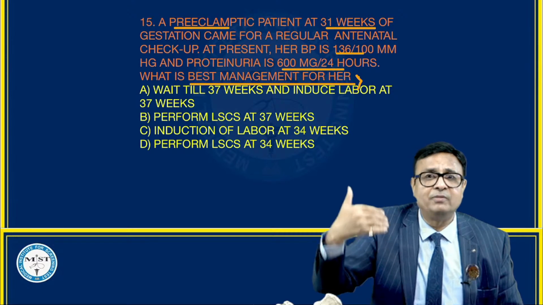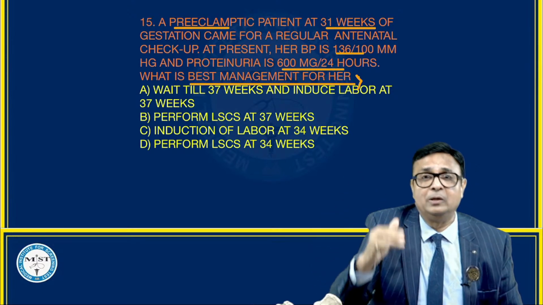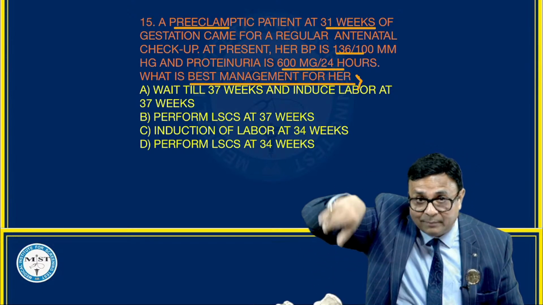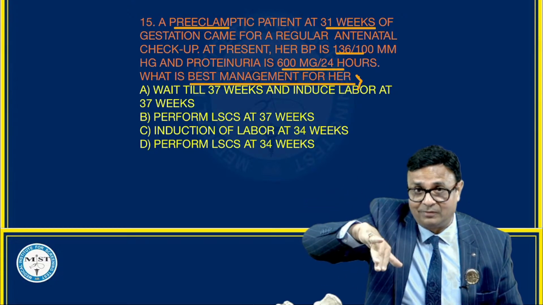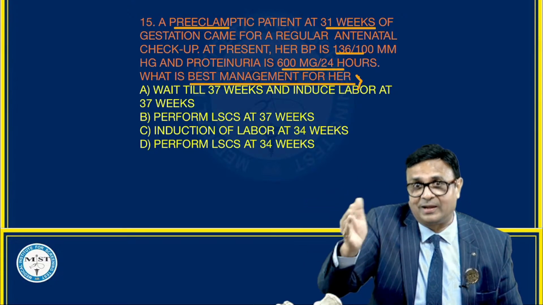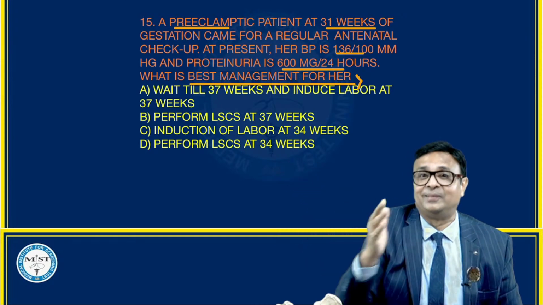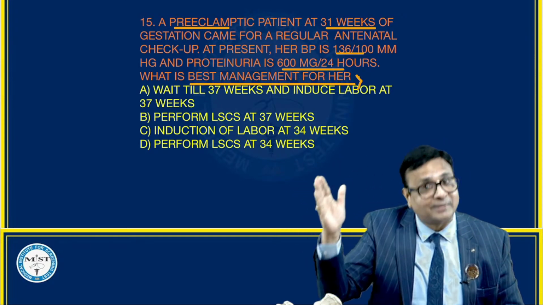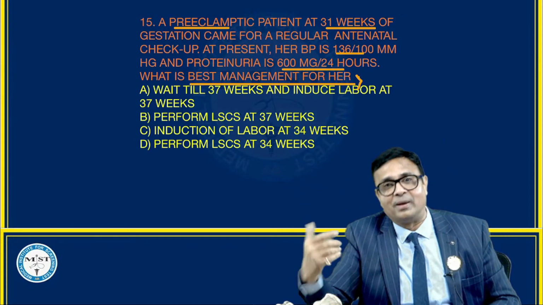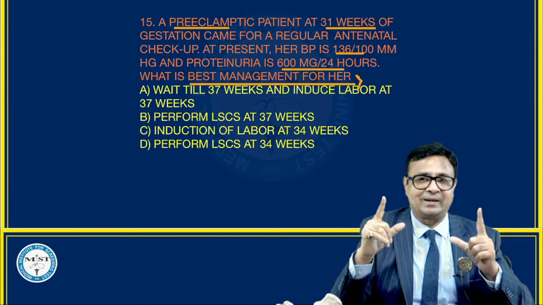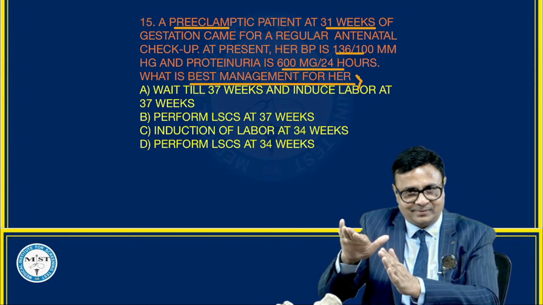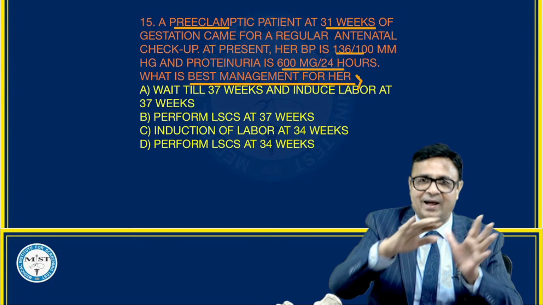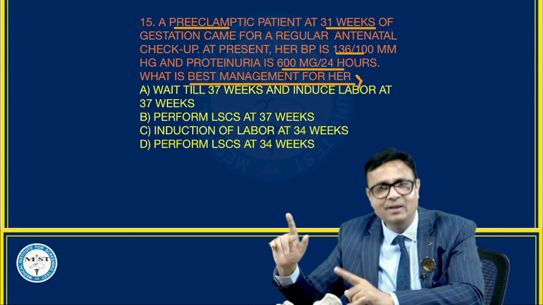Then we have to give steroids. Continue pregnancy till when? This is the MCQ, beta, 37 or 34. In mild preeclampsia, we continue till 37. In severe preeclampsia, we continue till 34 and induce labor at 34.